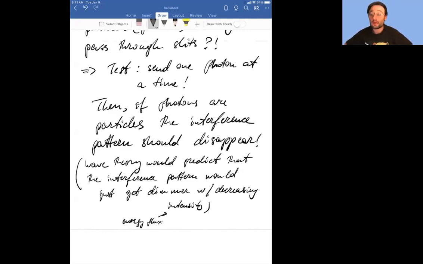And what they found in those actual experiments is that what actually happens when photons enter one at a time does not fit our classical, traditional notion of particles, nor does it fit our traditional notion of waves.